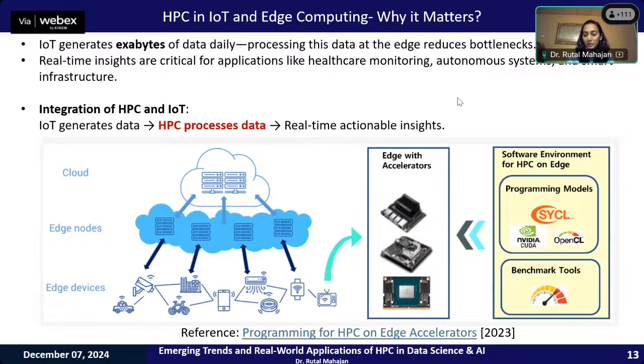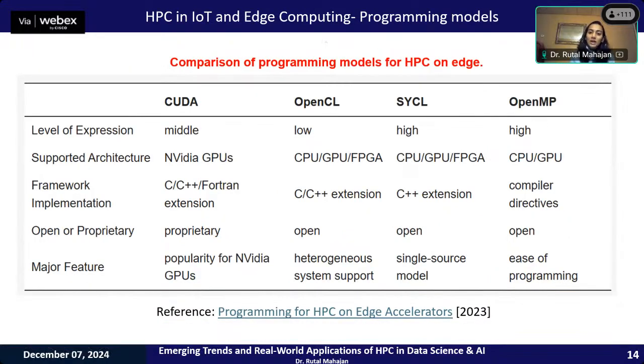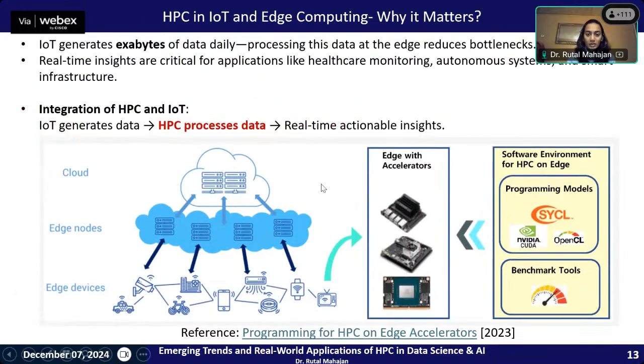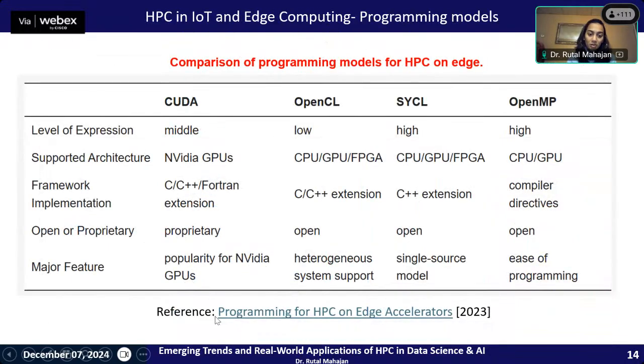This is the case where we are actually using AI with the help of IoT and sensors in the smart environment. So we can see what programming models we have for HPC on the edge. This data is collected from an article from 2023.